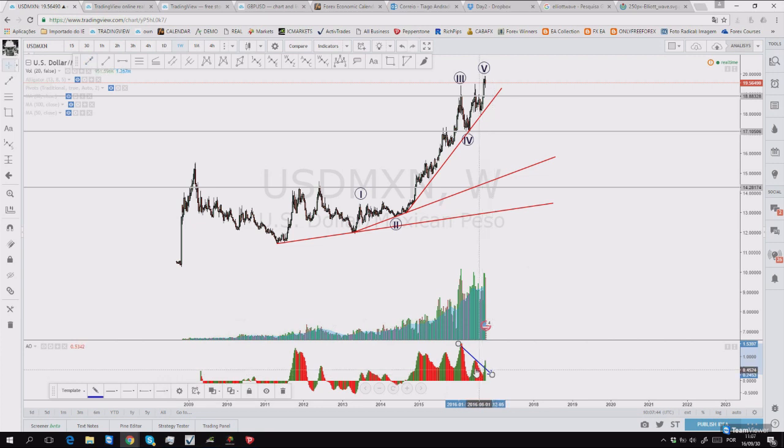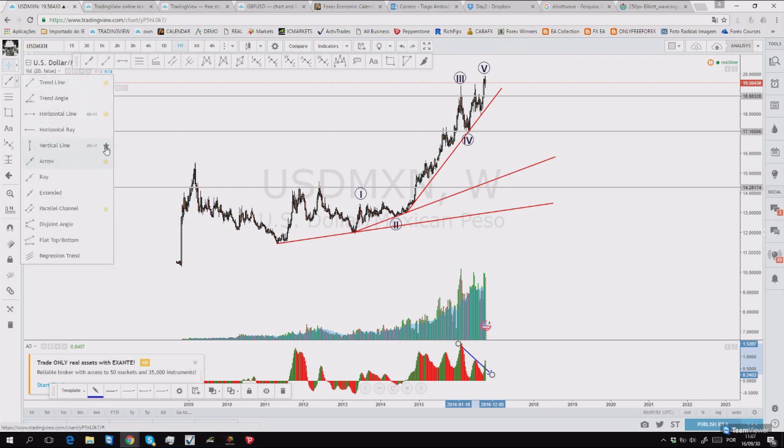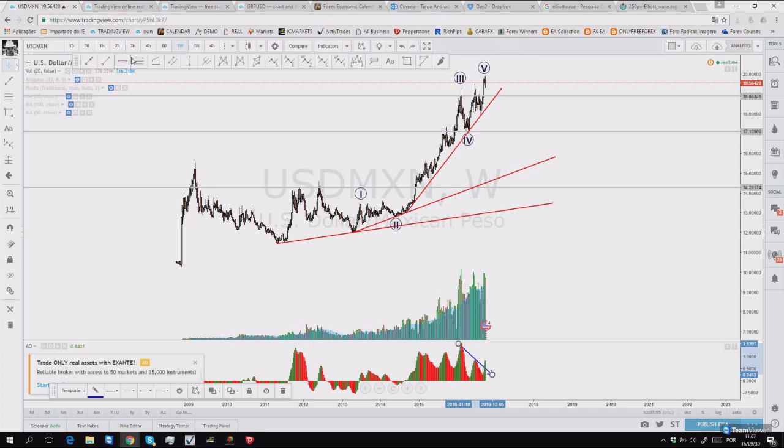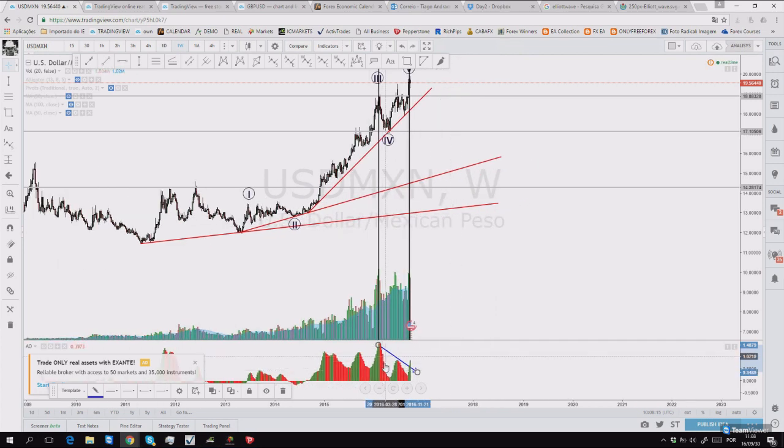So you see here, price went up, price hit a top there, hit another top there, but actually on the oscillator, momentum came down.